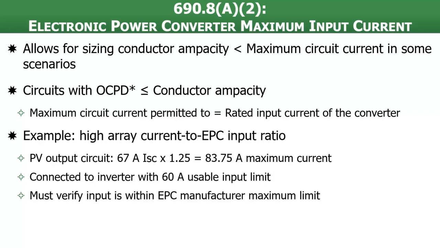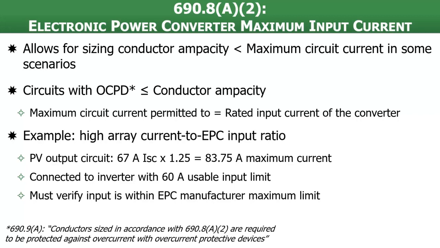If that's connected to an inverter with a 60 amp usable input limit, we can verify that the input is within the EPC manufacturer maximum limit and potentially use that number, 60 amps, as our input current number to size our conductors.